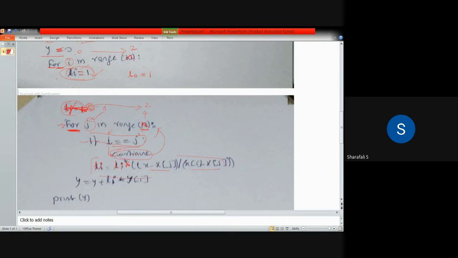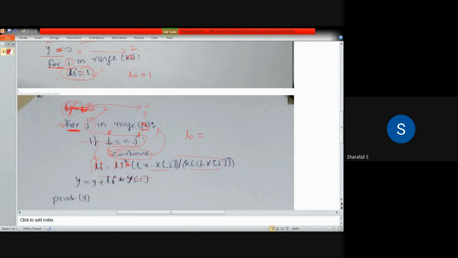So j will become 1, and in that case i is still 0. So j is equal to 1. It will not go to the continue step now, because i is not equivalent to j. So it will directly go to this step, and Li is now L0.